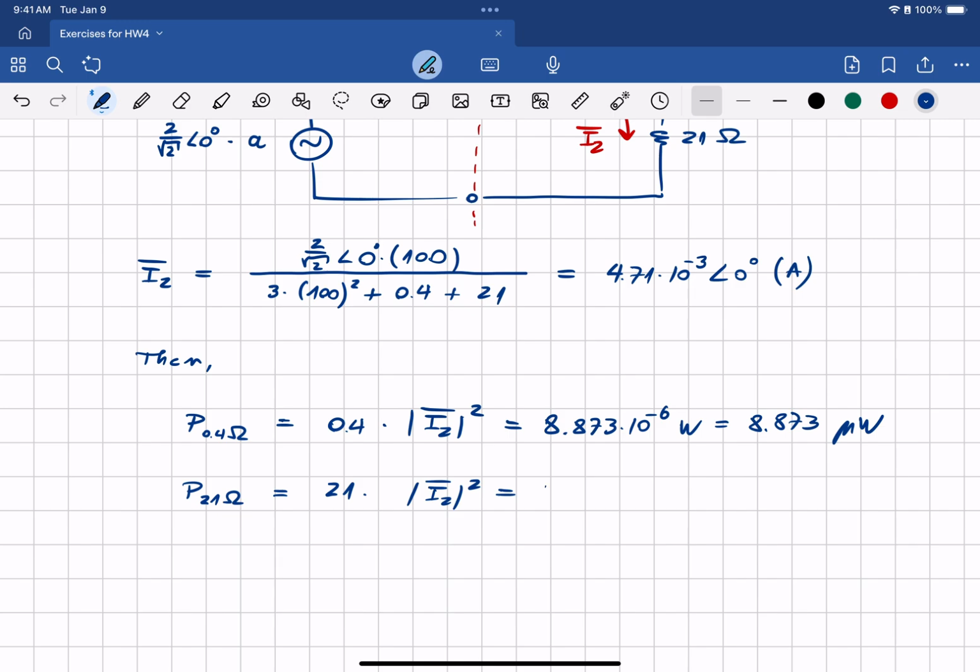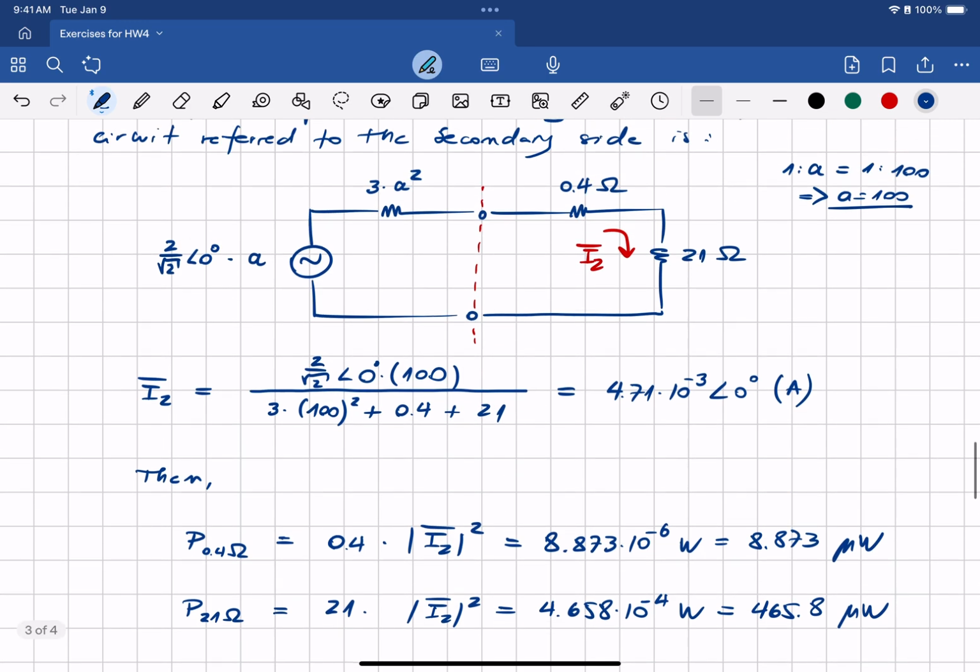And then P at the 21 ohms is R, so that's 21 times I2 squared. Based on my results, this is 4.658 times 10 to the minus 4, which is equivalently 465.8 microwatts.